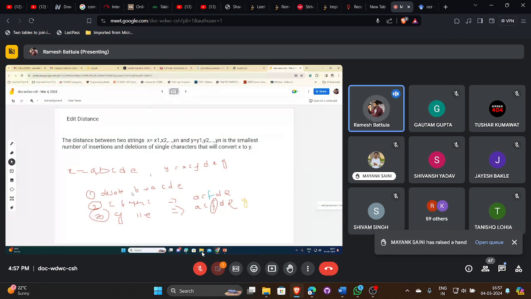So here 1 deletion, 2 insertions. So the total distance is going to be how much? If I want to convert x to y, which means I am converting from x to y, this requires three insertions or deletions.